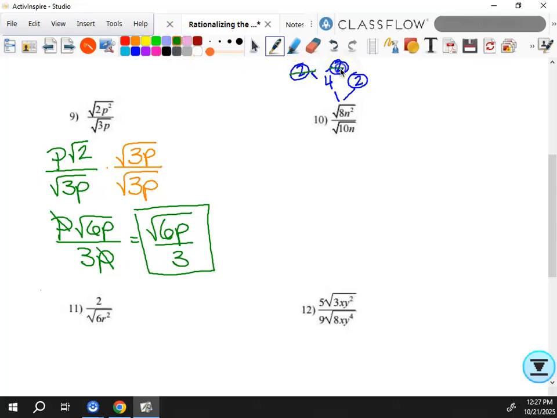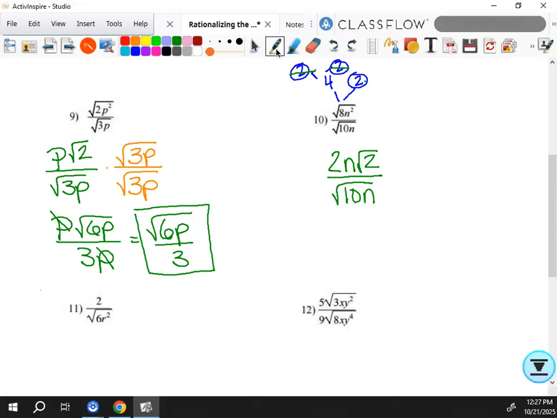So two 2's come out as a regular 2. The n squared comes out as n. That guy stays underneath. And then that's all over square root of 10n. Any questions about where anything came from?